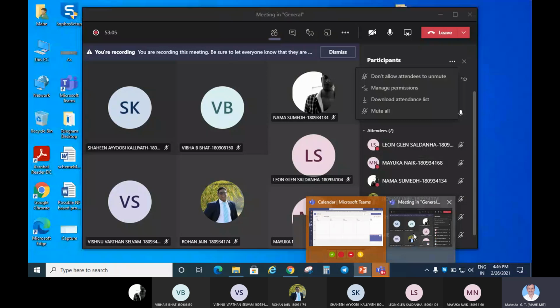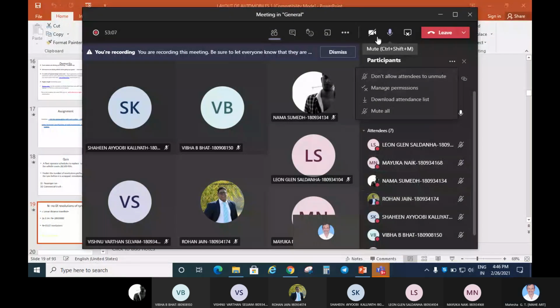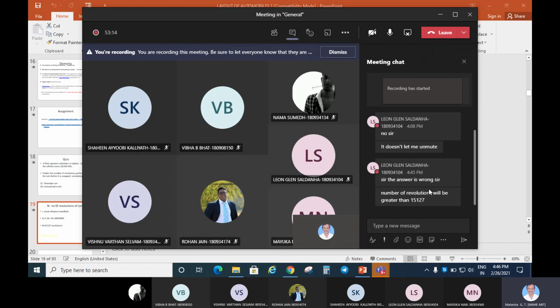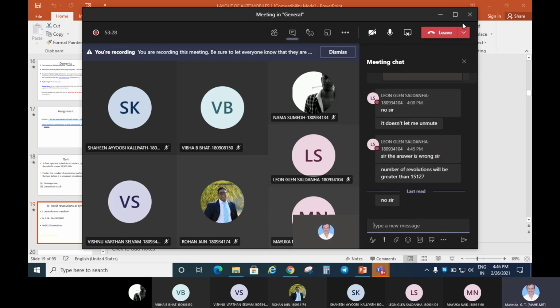Should I open my chat box? Then number of revolutions will be greater than this. How is that greater than that? Leon? Cannot be. Should be smaller, no? Because diameter is large, number of revolutions should be smaller.